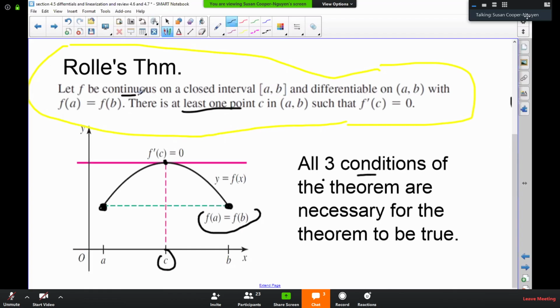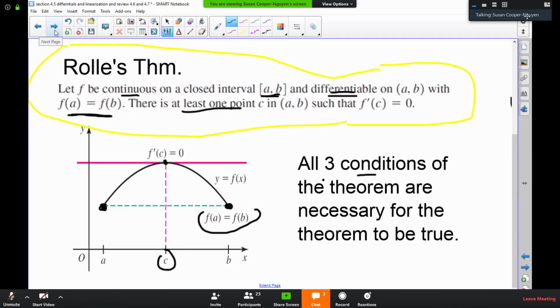You have to have a smooth continuous function on a closed interval from A to B, and your function has to be differentiable on the open interval from A to B, and you have to have that condition where f of A and f of B have the same output.